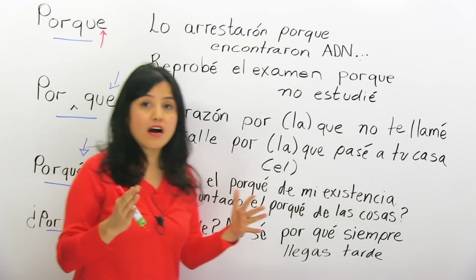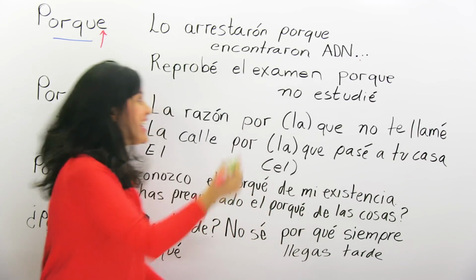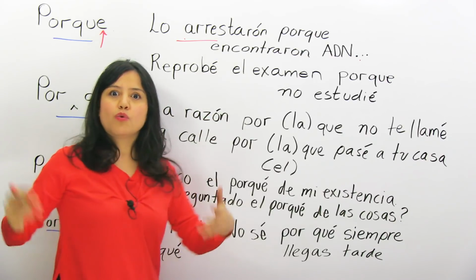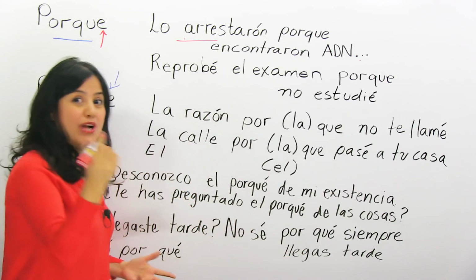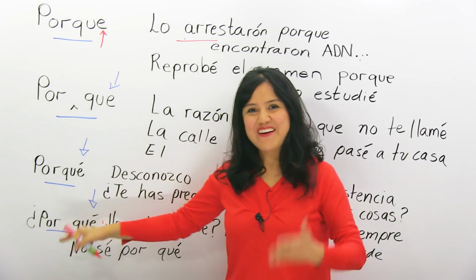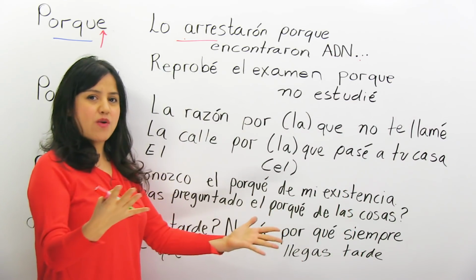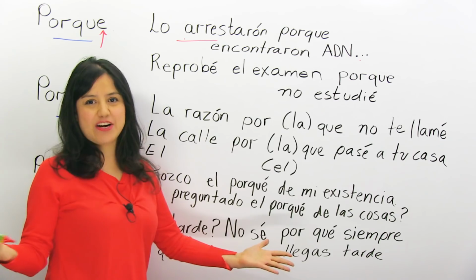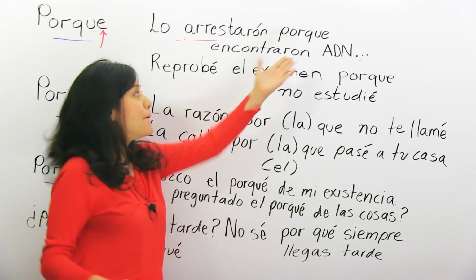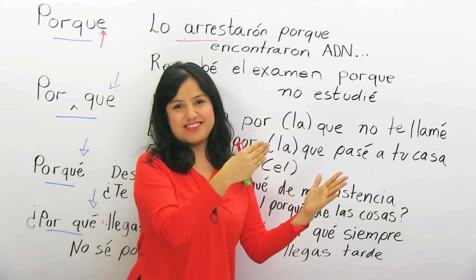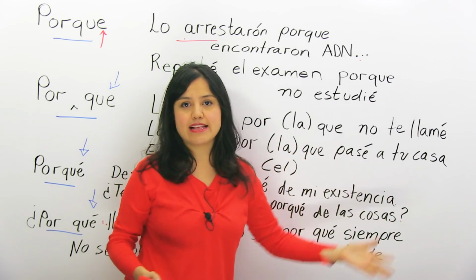Now there is a cause and an effect, right? This is the effect. They arrested him. Why? You would ask this por qué. ¿Por qué lo arrestaron? Porque encontraron ADN en la escena del crimen.